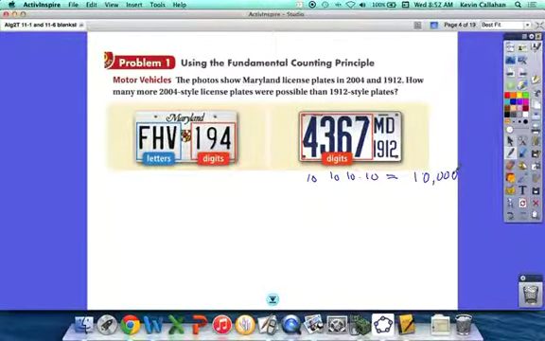In 1912, when they first started making license plates, that was probably sufficient for all the cars that were there, but that's not sufficient now. So they still have 3 numbers here. Each one of those is going to have 10 choices, right? But then they start it with letters. And how many choices do you have for the letters? 26, right?